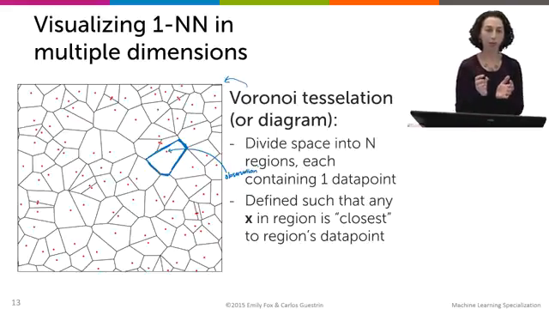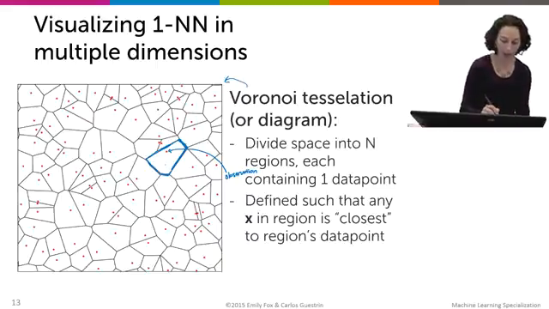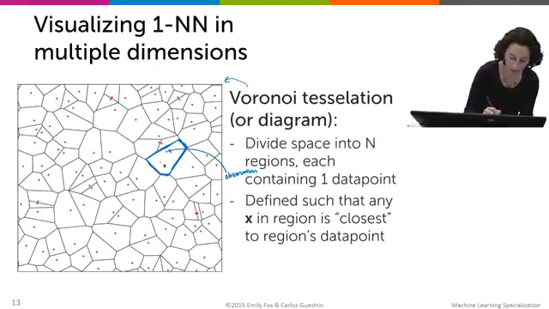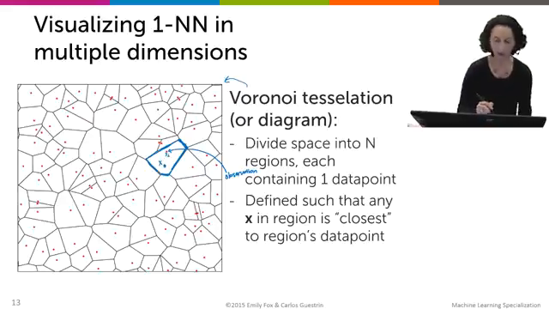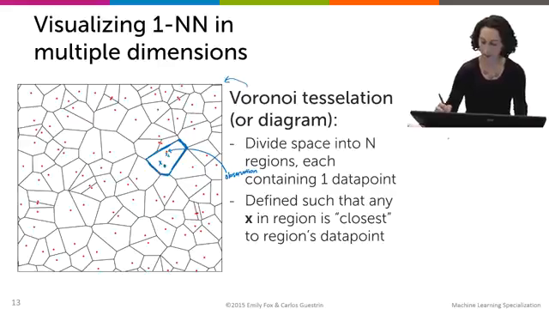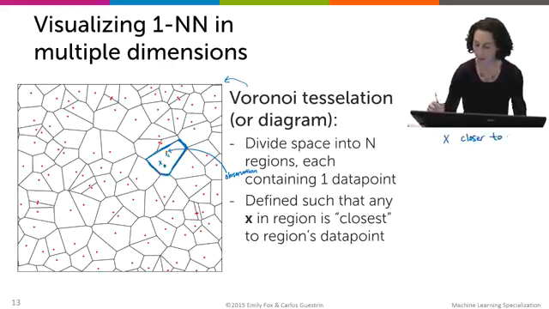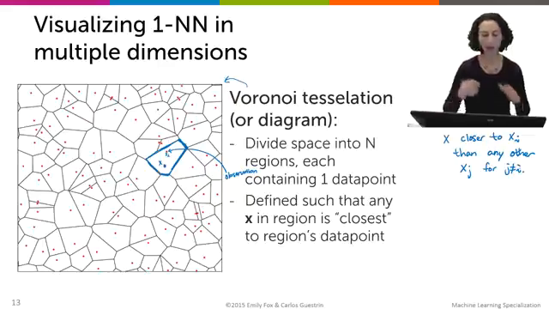And what defines the region is the fact that any other point in this region, let's call this x_i, and this other point some other x, well, this point x is closer to x_i than any other x_j for j not equal to i, meaning any other observation.